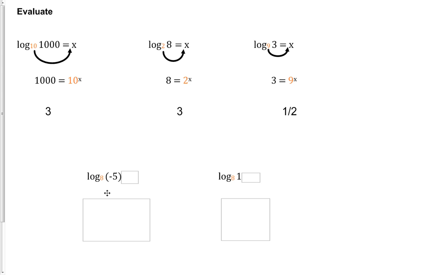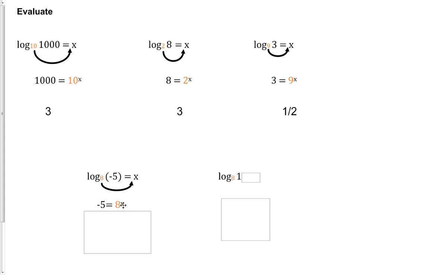This next example, we have log base 8 of -5. Set it equal to x again. So we're going to have that base move over, and we will have -5 equals 8 to the x. Well, I don't have a clue how to do that, but you have to remember, we're saying 8 to some power is going to be a negative number.